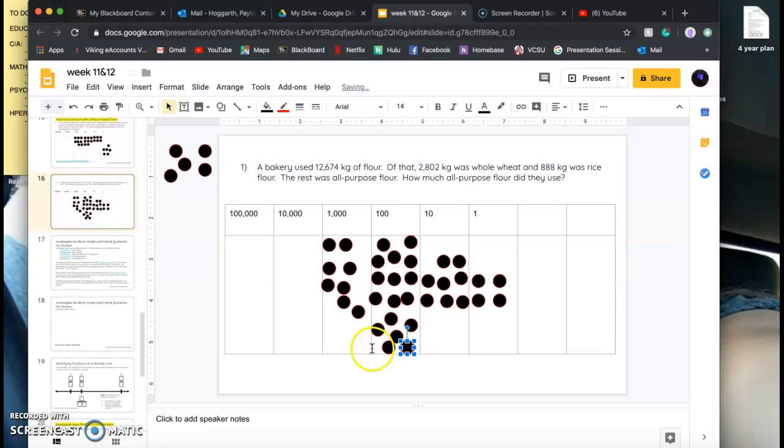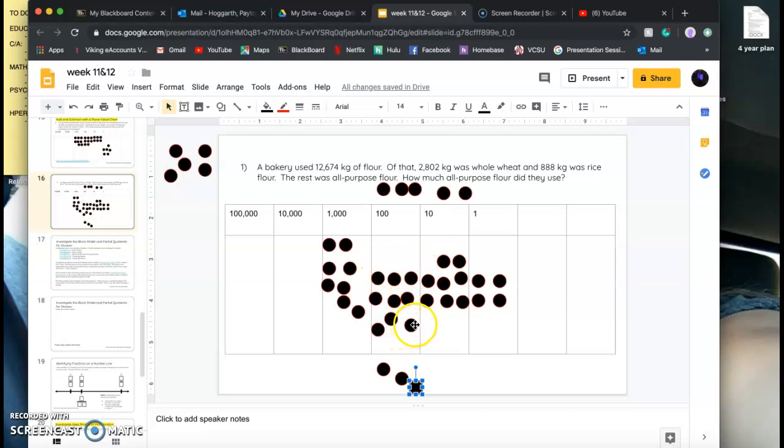So now I can take 8 away. 1, 2, 3, 4, 5, 6, 7, 8. So now I'm left over with 9.